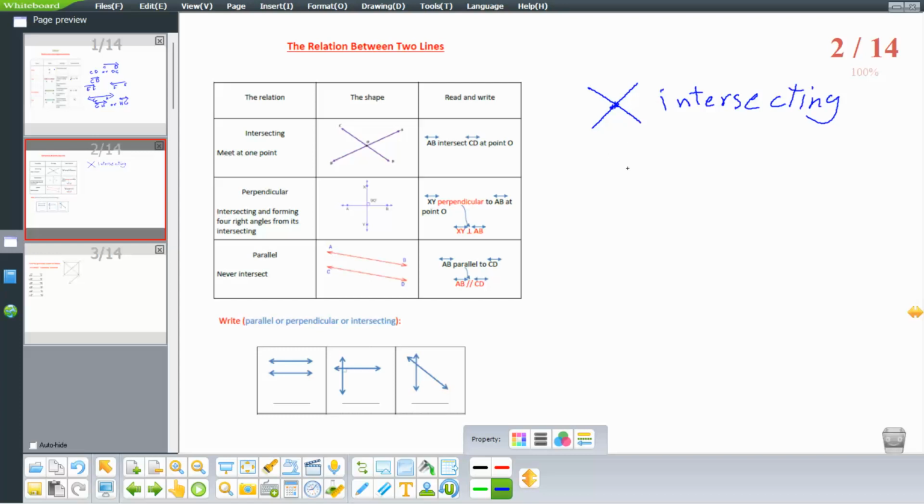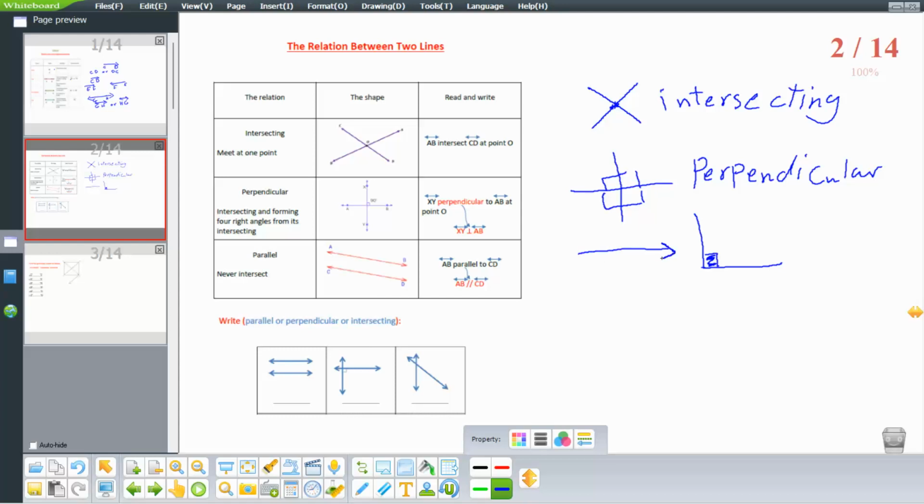If they are intersecting and forming four right angles, we call them perpendicular. If there are four right angles, we say this line is perpendicular to this line.